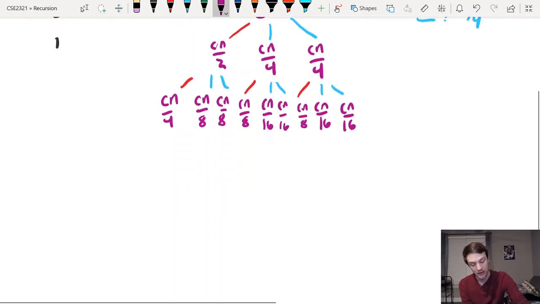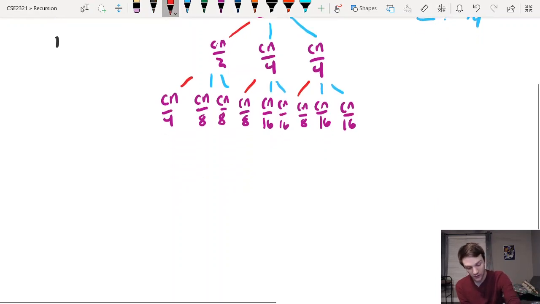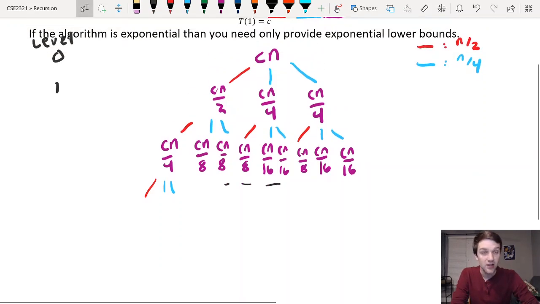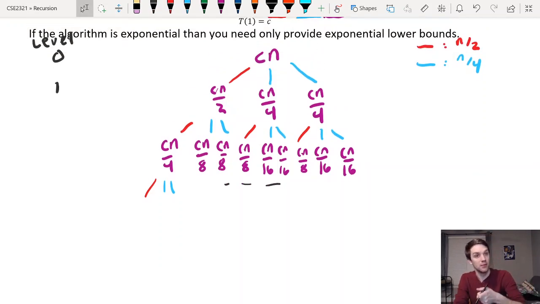We keep doing this until eventually one of these branches terminates. Which one's going to terminate first? Halving the problem or quartering the problem? It's going to be quartering the problem. So actually, any branch that's just blues will end first.